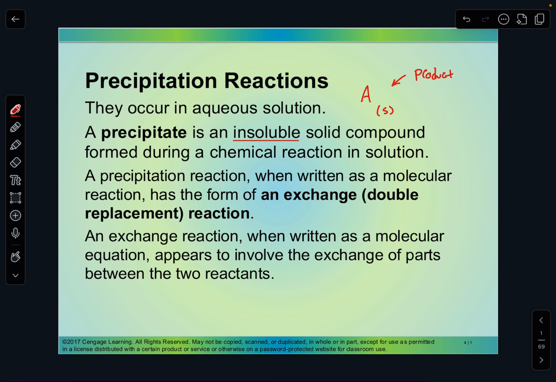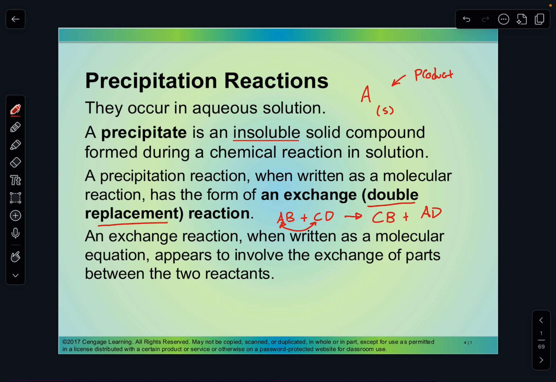A precipitation reaction, when written as a molecular reaction, is going to be a double replacement reaction. We'll talk about exactly what that looks like, but let's show it real quick. We have AB plus CD. We're going to switch these around, so that's going to be CB plus AD.